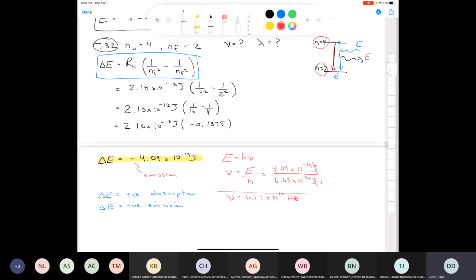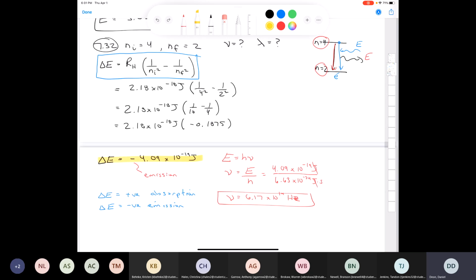Hertz, like that. Now you might be saying, Mr. Dion, you made a mistake. You forgot the negative sign here. No, I didn't. I know that the delta E is negative. That tells me about the emission, that the energy of the electron is being emitted as it goes from a higher energy level to a lower energy level.